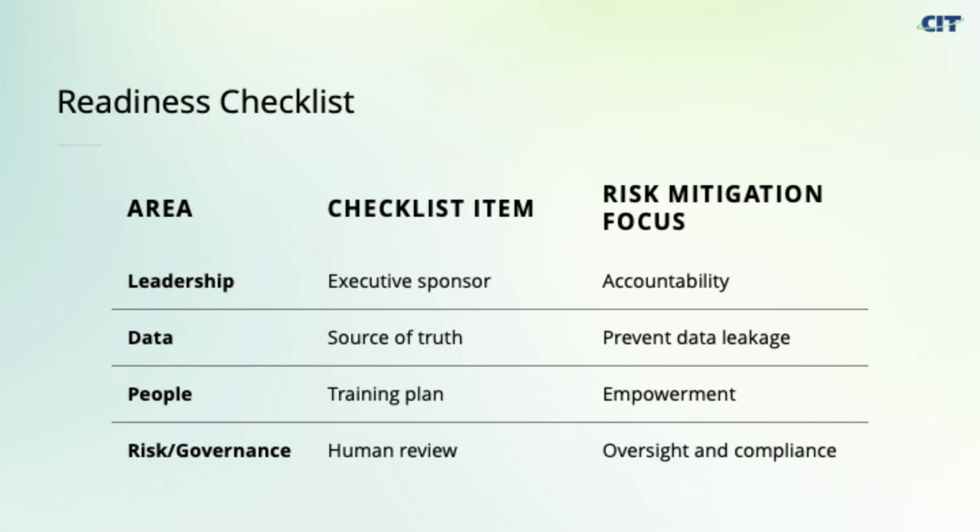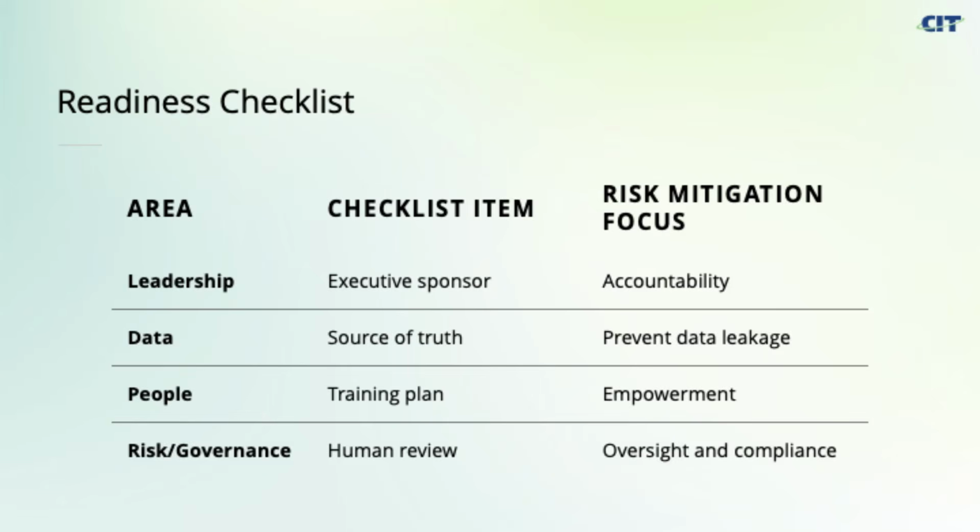Here's your lightweight readiness checklist. First step is leadership. Assign an executive sponsor who ties use cases to a real KPI. Data. Define the source of truth. Never input sensitive data such as PII, PHI, meaning things such as emails, addresses, any personal identifiers, into unapproved free AI tools.